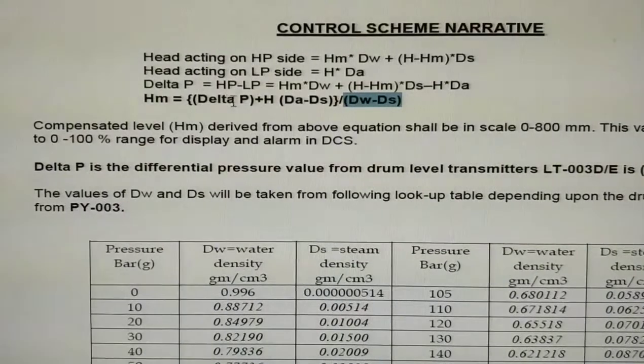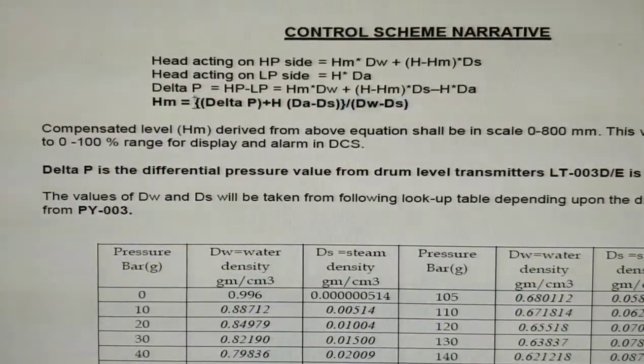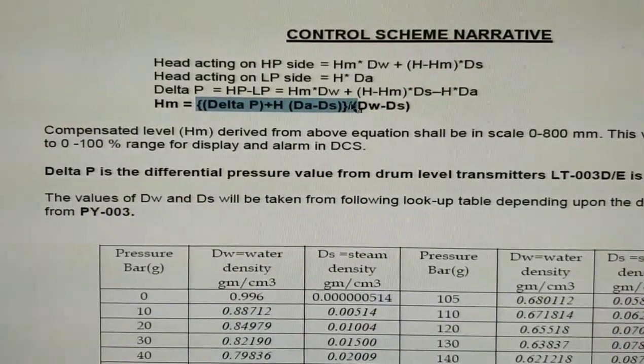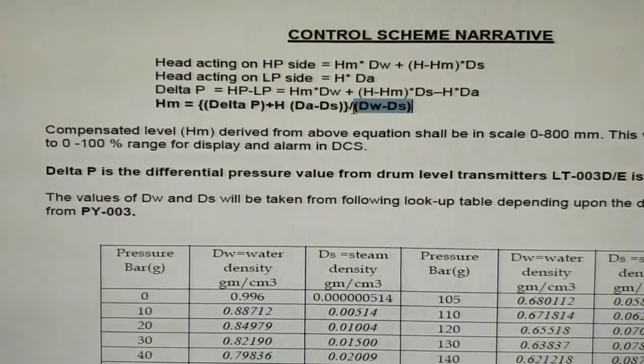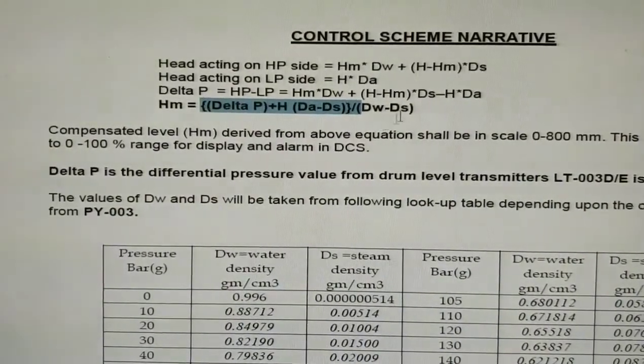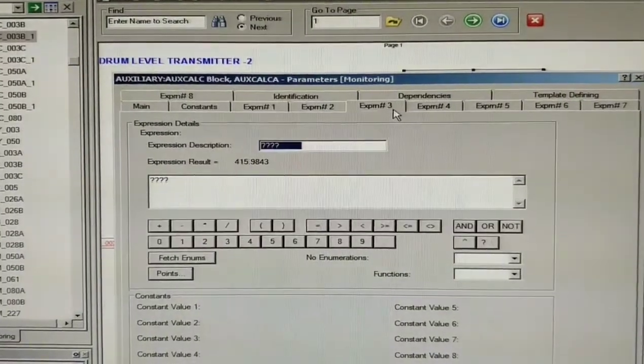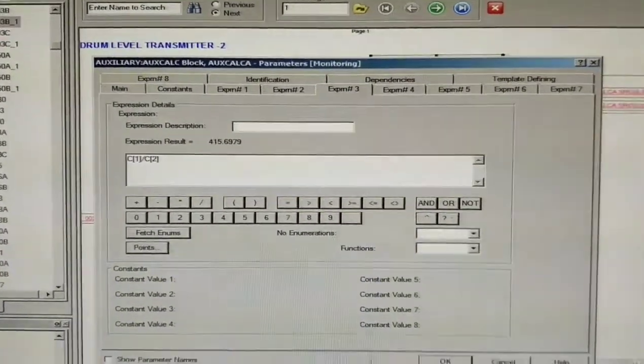Now our purpose is to accomplish this complete formula. So we have done this in one and this in the second. We need to divide this calculation by this calculation. It is done in this third expression, which is C1 divided by C2.